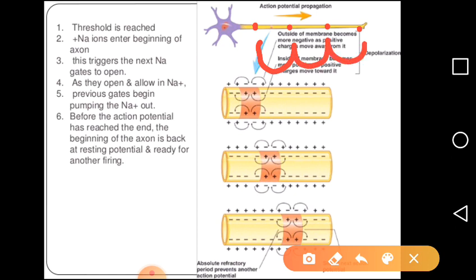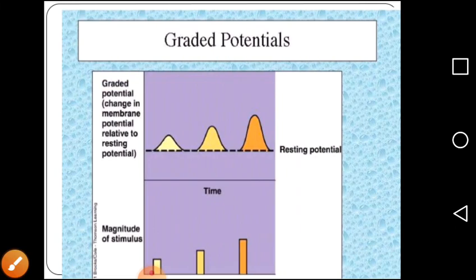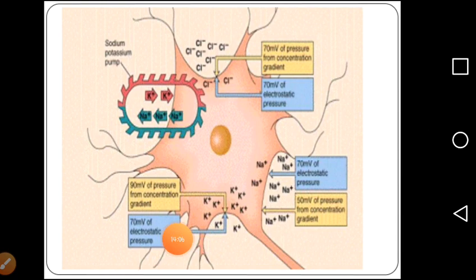This speeds up the conduction of the impulse, and this is called saltatory conduction. Remember that. Okay, there is graded potential, which is a change in membrane potential relative to the resting potential. This is another animation representing the action potential on the axon.